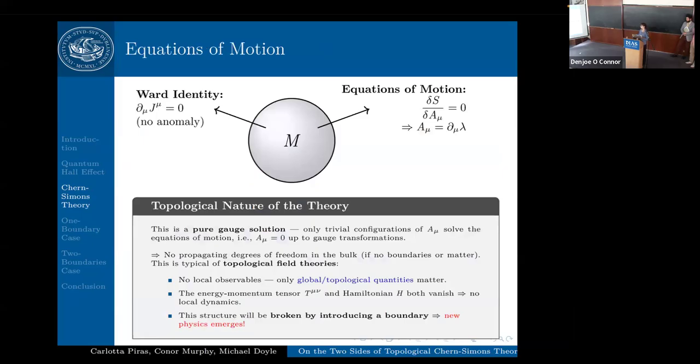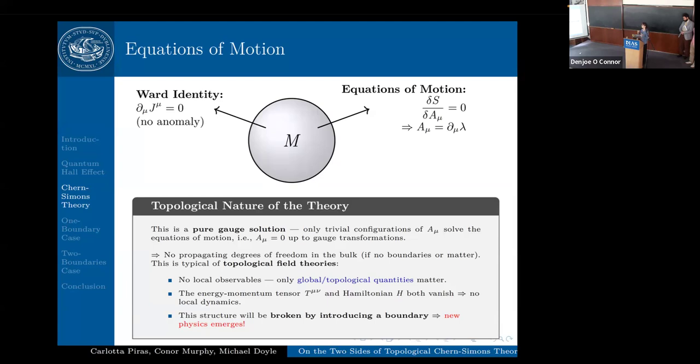Now, if we solve the equation of motion for this simple case, something really interesting is observed. Indeed, the solutions are pure gauge. In other words, every field configuration A mu that solves the equations of motion is gauge equivalent to 0. What does it mean? It means that there are no local degrees of freedom in the bulk.